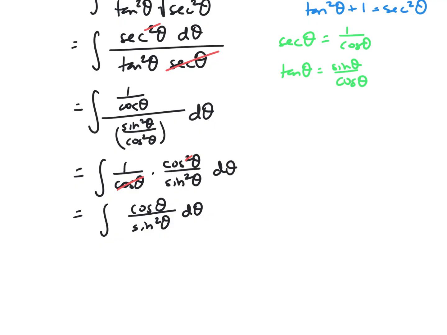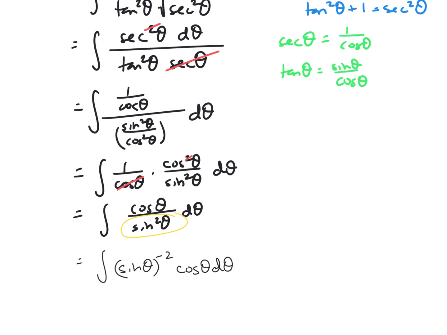This here is actually doable, okay? So from this step, you should note that we've got an inside function here. If it helps, you could rewrite this as, I guess for me ordering it, sine of theta to the negative 2 power, and then cosine theta d theta.